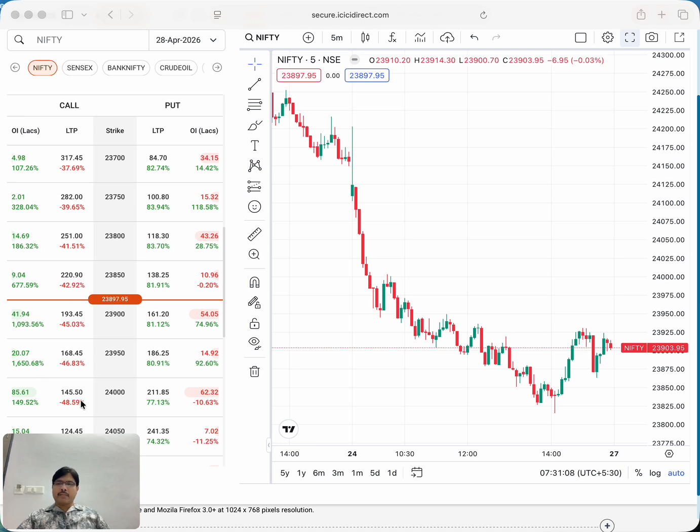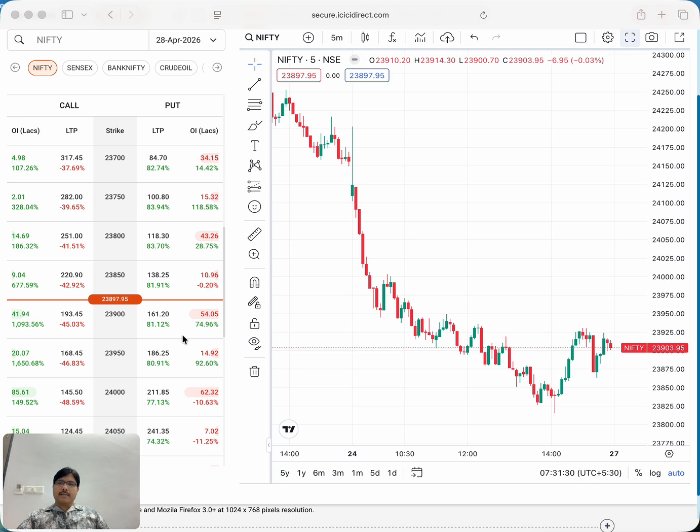So out of the money is not preferred for buyers, but out of the money is preferred for sellers. For sellers we have the out of the money, where if the time decay comes, it is an advantage for the seller, not for the buyer. So for buyers these premiums are good, for sellers these premiums are good.